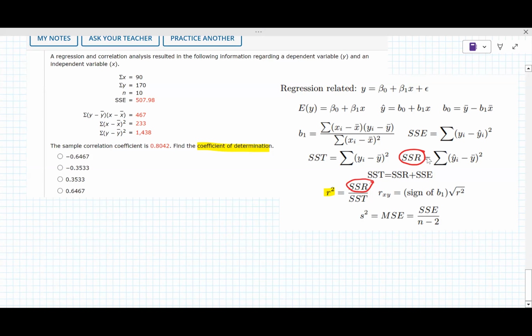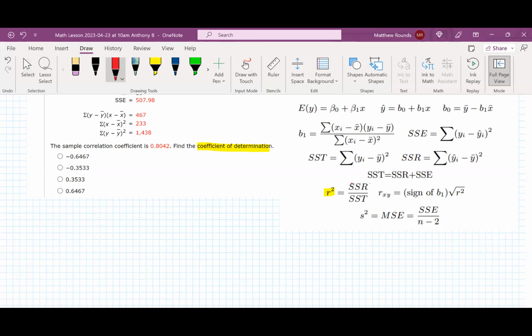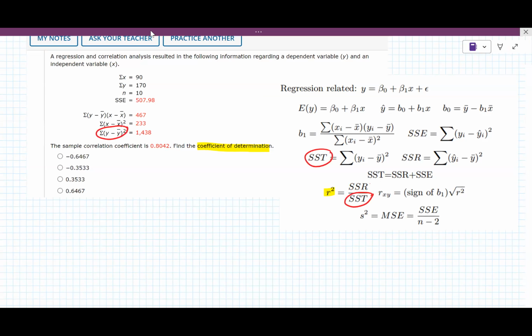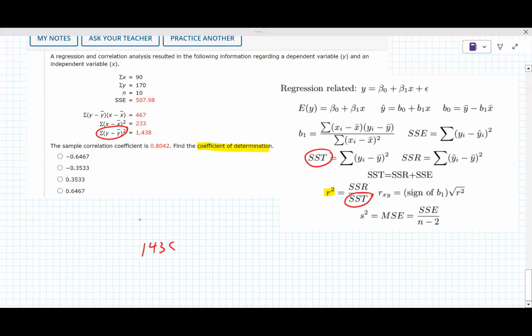The reason I caught myself is this is y hat and this one is yi, so I was in error here. Let me restart. SST is that one right there, so we've got the bottom number: 1438 on the bottom.